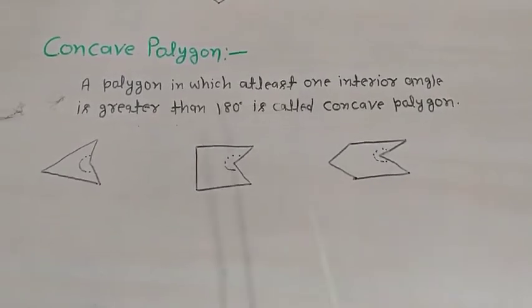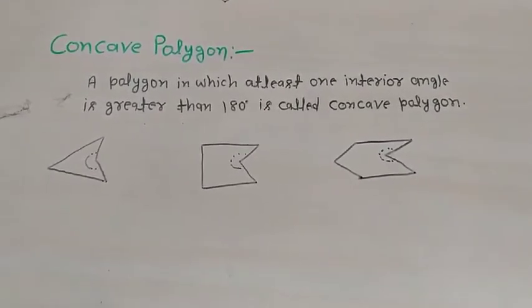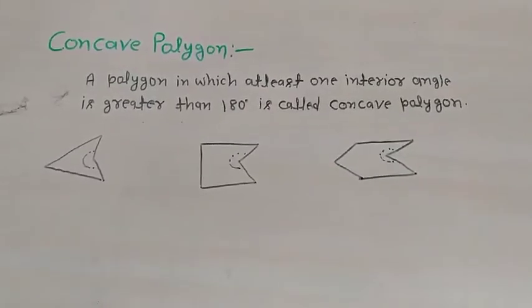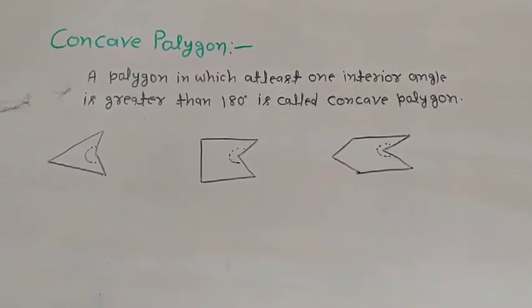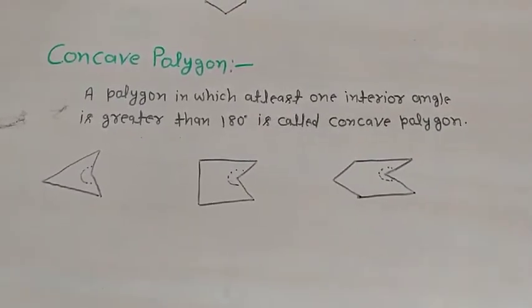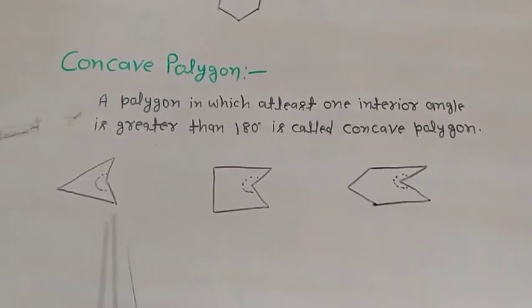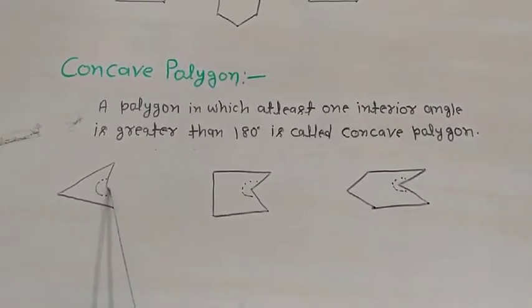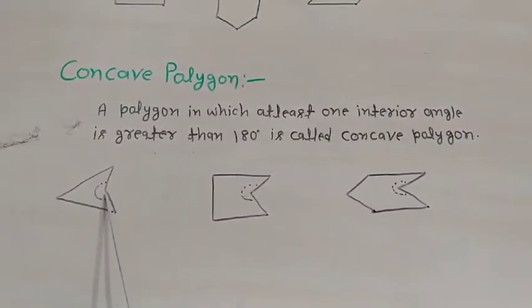Okay. In any such polygon, at least one interior angle is greater than 180 degrees. So you can see this is a polygon, and this interior angle is greater than 180 degrees.